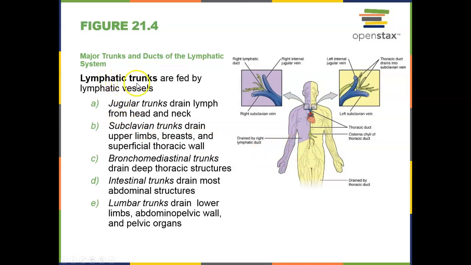So lymphatic vessels bring fluid from the capillaries to these lymphatic trunks. These trunks then are going to take in the fluid, and they're going to drop materials off into either the right lymphatic duct or the thoracic duct. Those are the largest of the vessels for the lymphatic system.